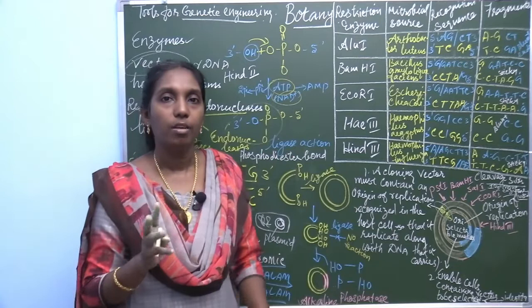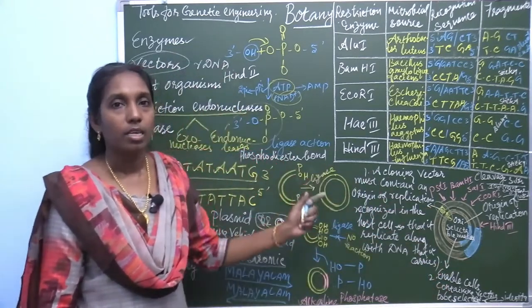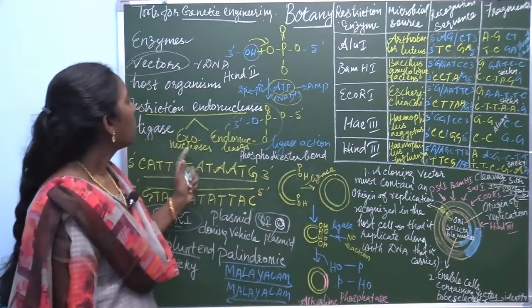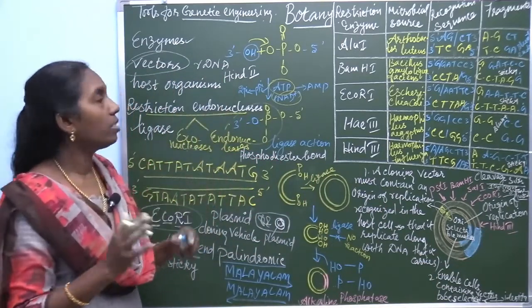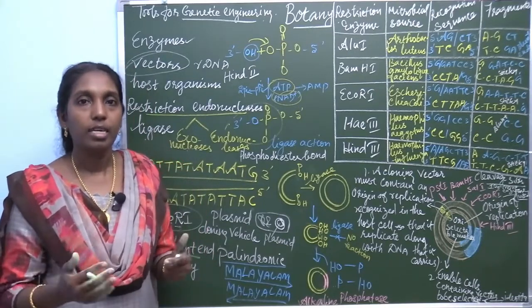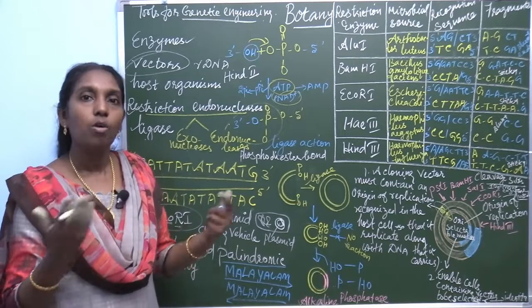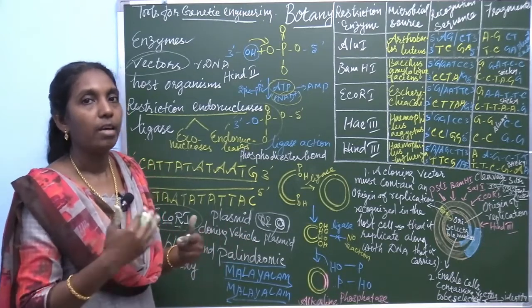These three are very important in vectors. So, once again recall what you learned today. Today's topic is tools for genetic engineering. What are the tools? Enzymes, vectors and host organism. So today you learned only two topics, enzymes and vectors.